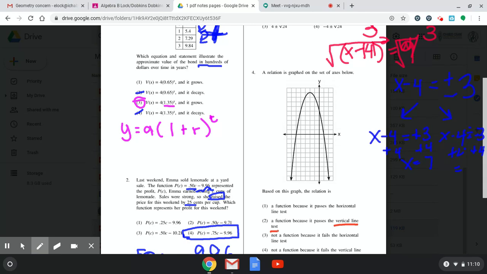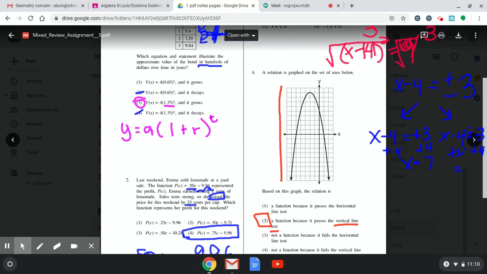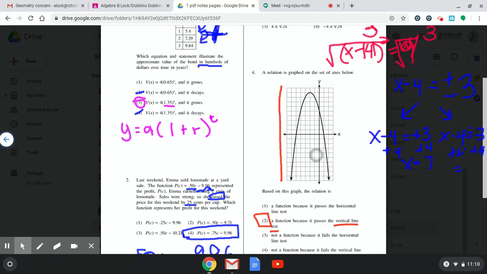So it is a function because it passes that vertical line test. So if I kind of drew a vertical line here and I drag it across the screen, let's see, it won't let me grab it, will it? Nah, I tried. I'm used to our whiteboards in class. It's only going to touch the graph at one place. So every time I draw a vertical line through my graph, it only touches in one place.